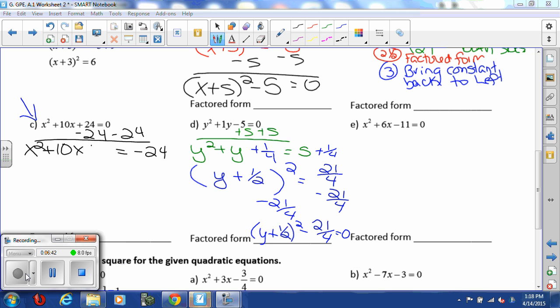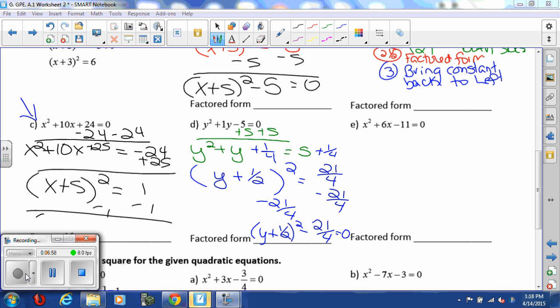Okay, is added to what? Both sides. Factored form on the left side is, good, and negative 24 plus 25. Now what? Subtract the 1. So final answer, x plus 5, that quantity squared, minus 1 equals 0.